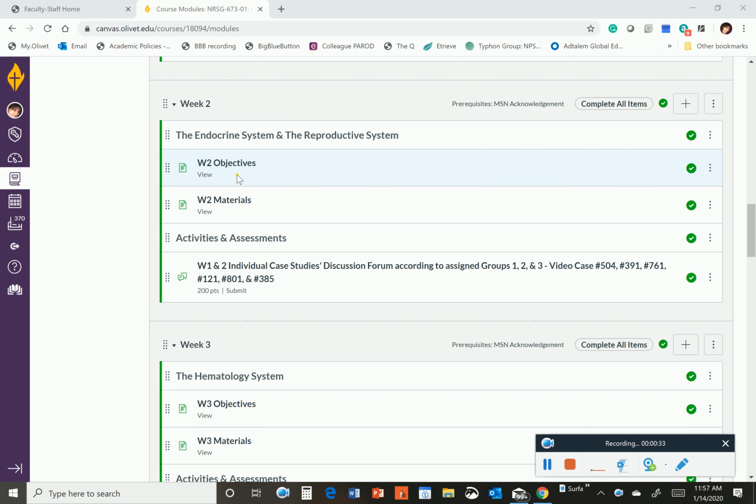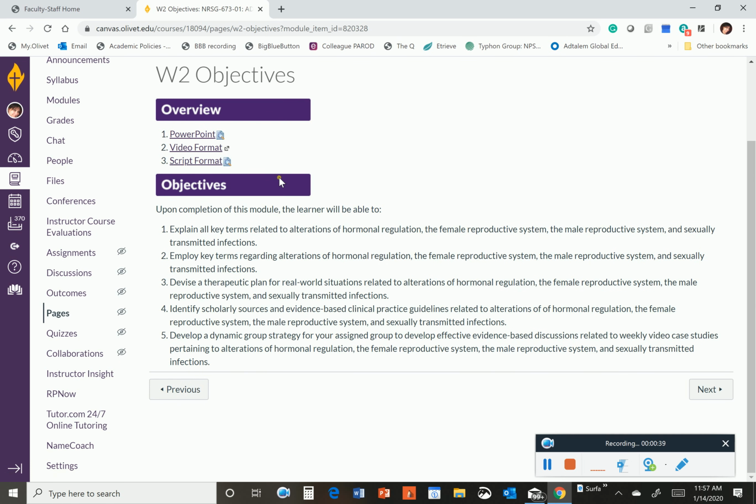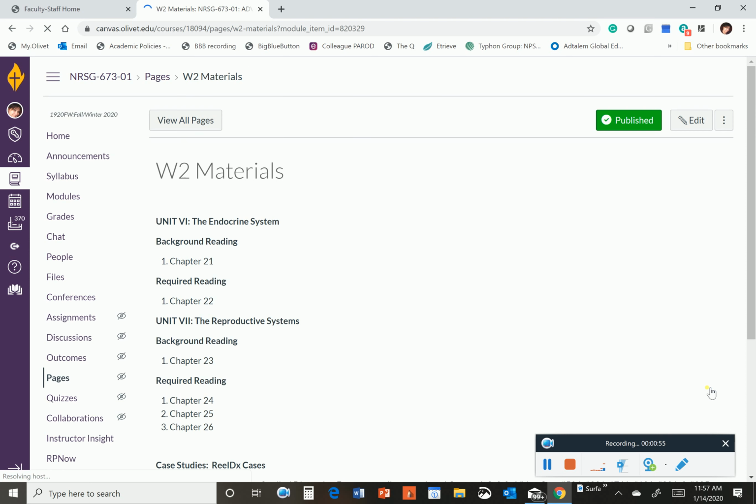So here we go for week two. Our objectives for the week include PowerPoints here for you to view and terms for you to understand. This week we're going to be going over hormonal regulation, female reproduction, those sorts of conditions.